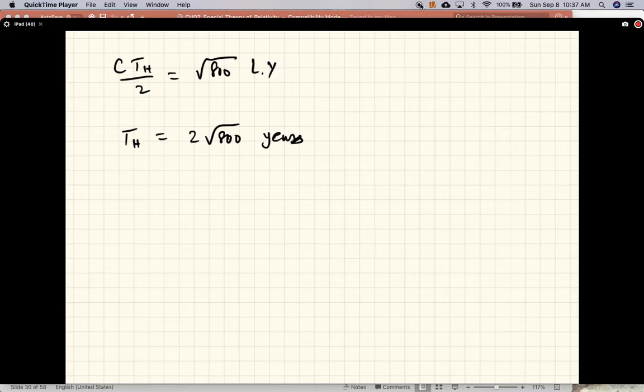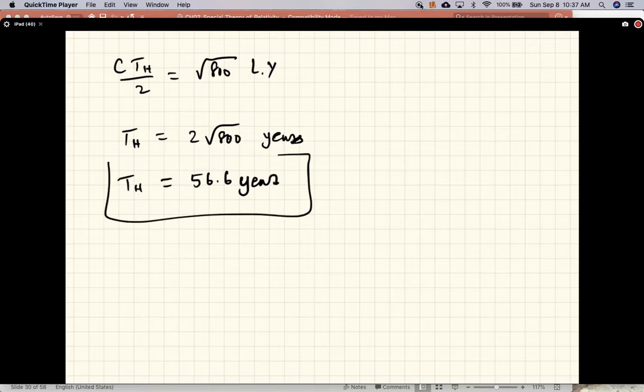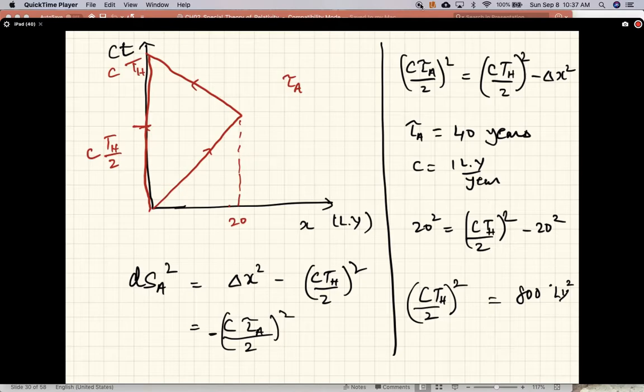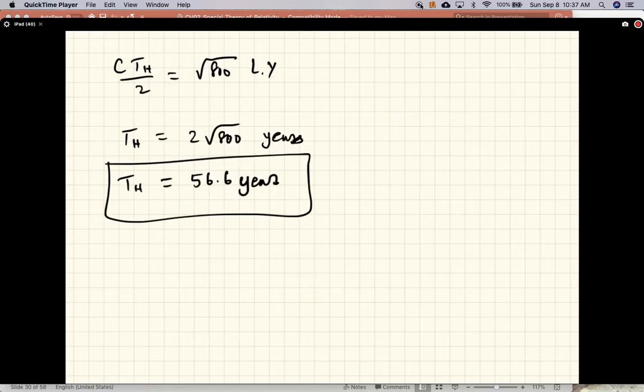This works out to 56.6 years. So what this problem says is the astronauts went on a journey to a planet that was 20 light years away, and the time that passed on Earth is 56.6 years. So the astronaut themselves age 40 years, and if you stayed back on Earth, you age 56.6 years.